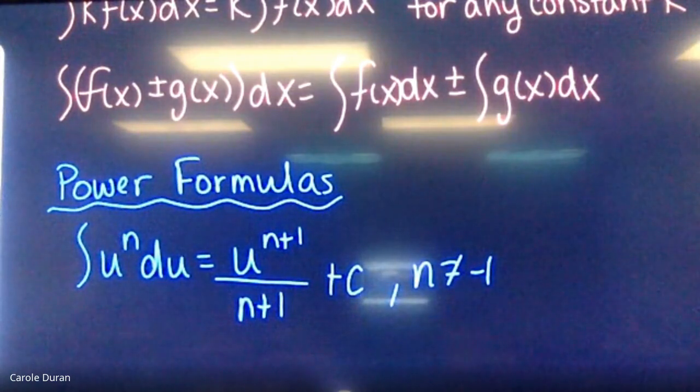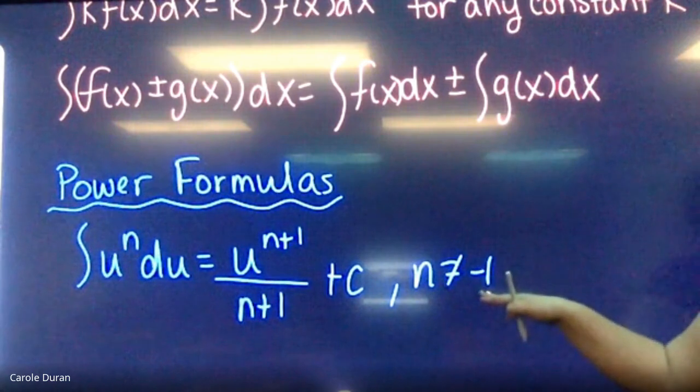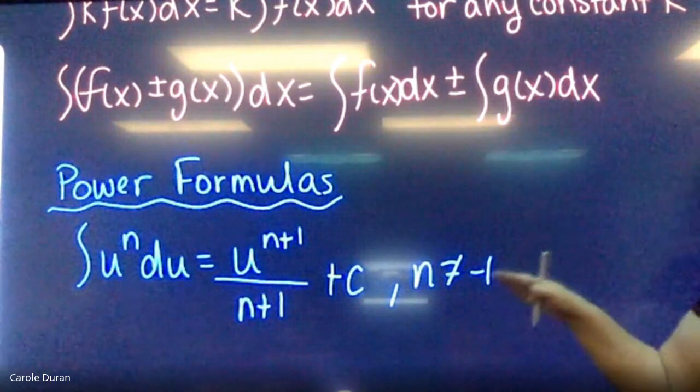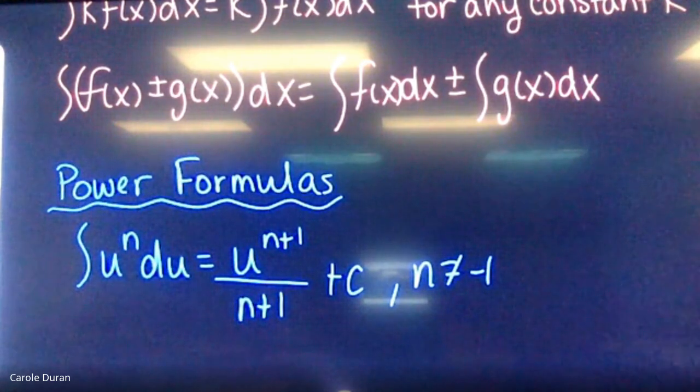This works for any exponent that is not equal to -1, because when my exponent is -1, then it's a logarithmic antiderivative, not a power rule antiderivative. What is it, -2? It works. Only when my original exponent is not -1 can we use this rule.